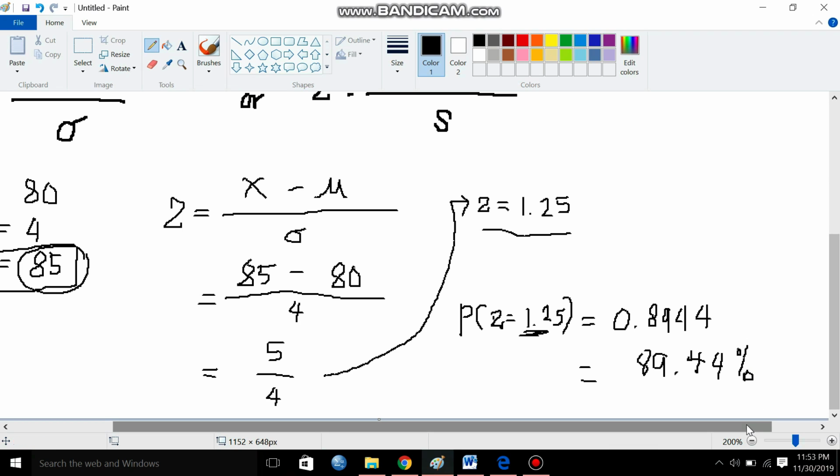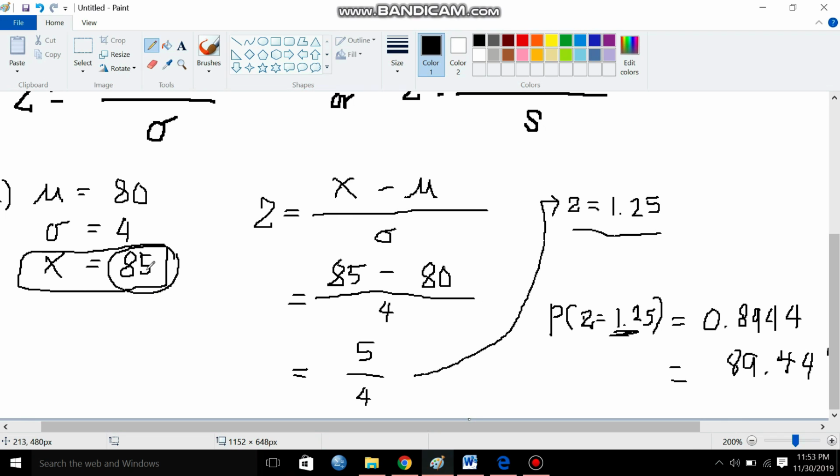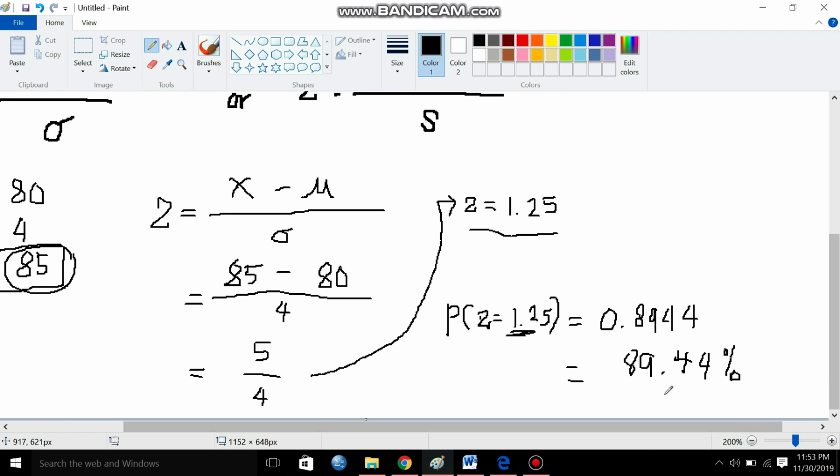Now, what does this also tell us if we talk about the concept of percentile? Basically, if your score is 85, the population mean of all the scores is 80 and the standard deviation is 4, the score of 85 lies at 89.44%, or the 89th percentile.